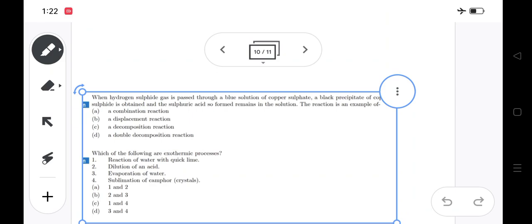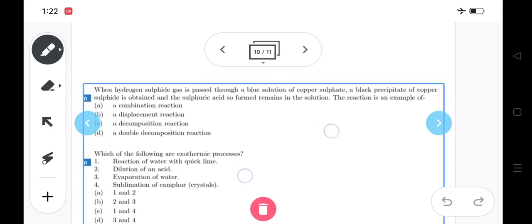Next one. When hydrogen sulfide gas is passed through blue solution of copper sulfate, a black precipitate of copper sulfide is obtained. I think this question is coming for 3 or 4 times. I think the same question is asked in different ways. Then the sulfuric acid formed remains in the solution.